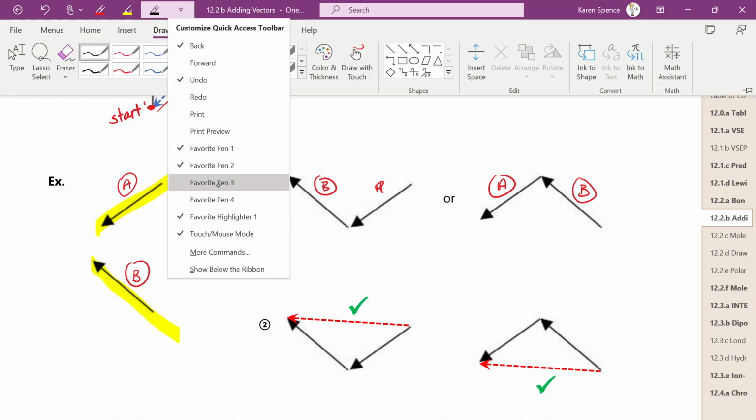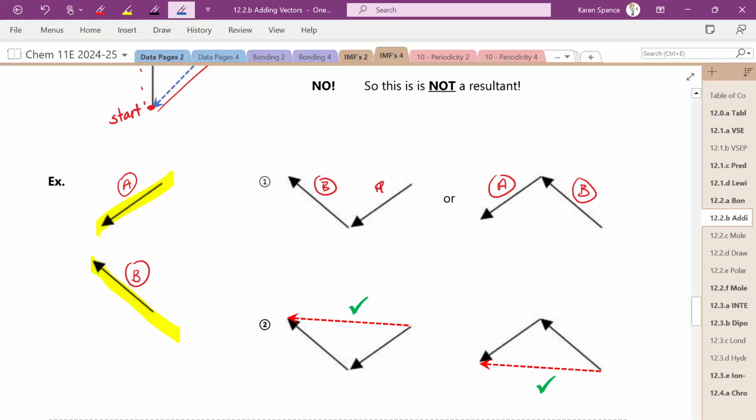What did I just do with my pen there? I'm starting here and I'm finishing here. The resultant is the same.